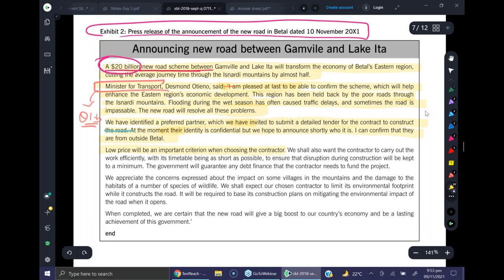So can I say that this is one of the criteria the minister is highlighting? So this might be difficult for us to meet, because it is the construction of a road in mountains. So there might be some weather issues, there might be some delays which will affect the cost, which will increase the cost.